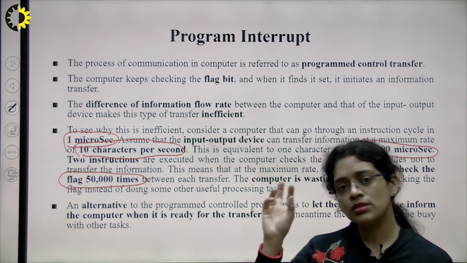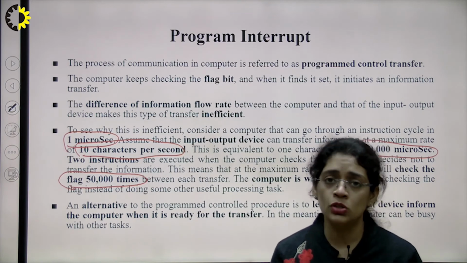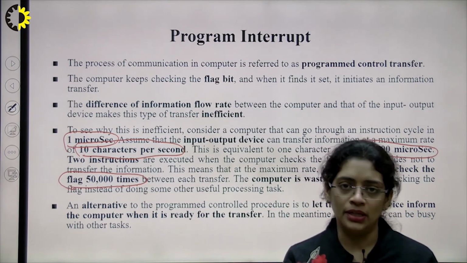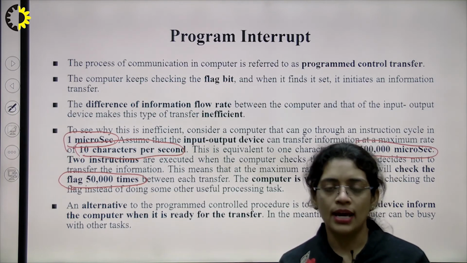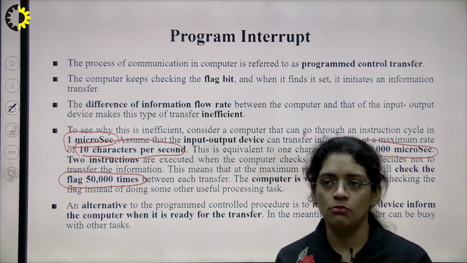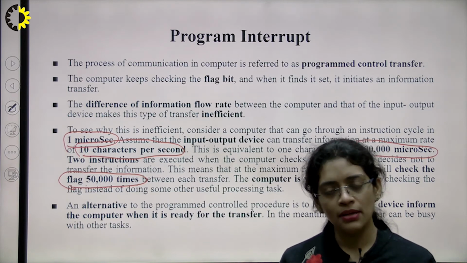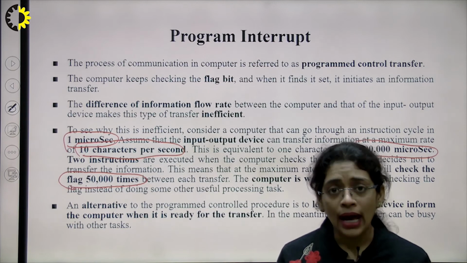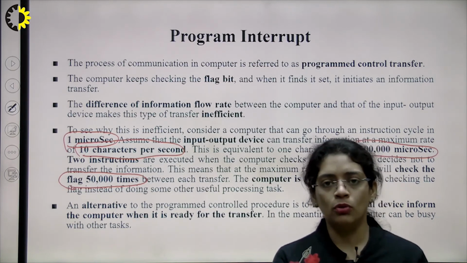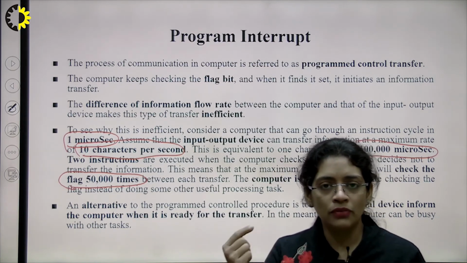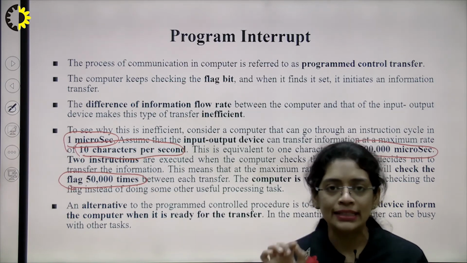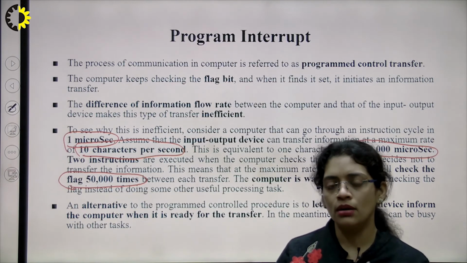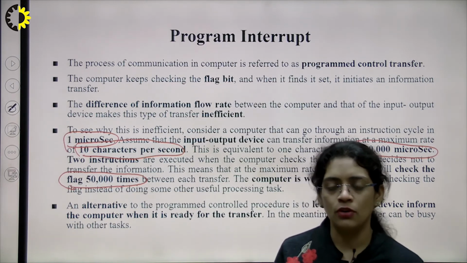Now how will the processor get to know, if it is not going to check? Here we have a feature where we interrupt it. Just as when I am speaking and someone wants to ask me a question, you can interrupt me in between. Similarly, the processor is executing some other instruction, and when input or output wants the services of the processor, it will interrupt the processor, and the processor will get to know that input needs it for some processing.